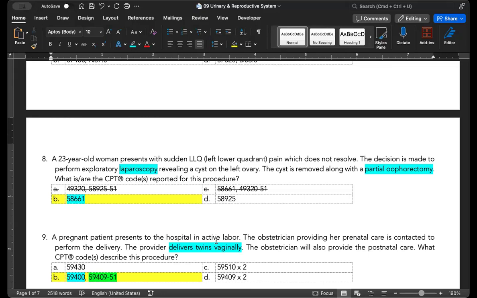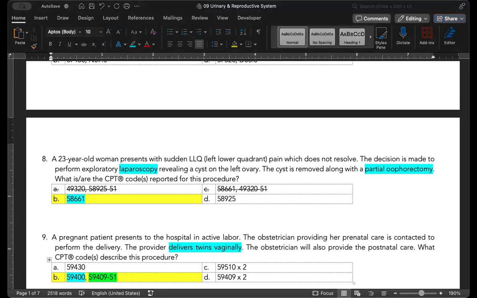58661. I just want to make sure that I'm telling you right, because I keep going to 58561 instead of 58661. Laparoscopy surgical with the removal of adnexal structures, partial or total oophorectomy. Yeah, I would say you could put an LT.